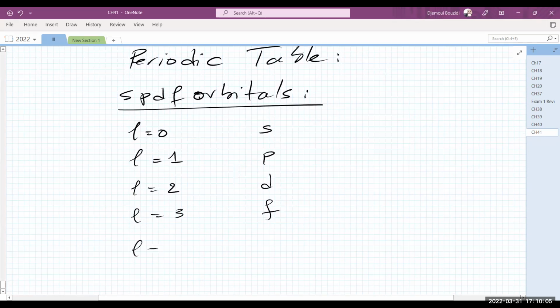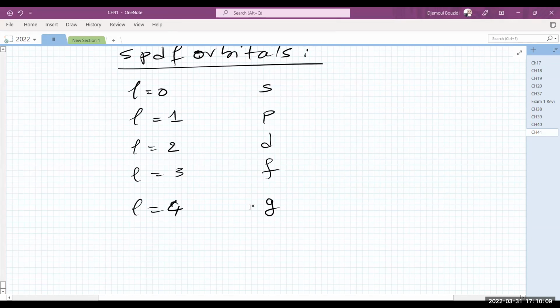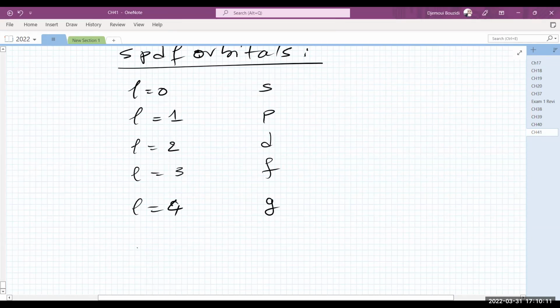And then L equals 4, g. I don't know if we really get into h or not, but let's write it. L equals 5, h. In this representation, n is always indicated in here. So this is the n preceding the letters, because you could have 1s, you could have 2s, you could have 3s, depending on what n is. So this is basically how we're going to do that.